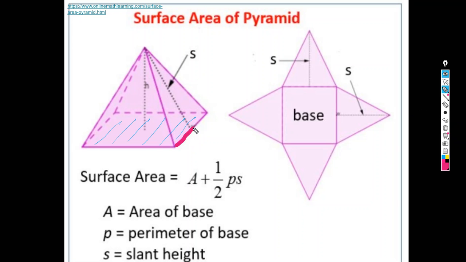So they're saying that we need to then multiply all of those lengths, and then multiply it by this slant. Okay, and then we're going to take 1/2 of that because these are all triangles. Okay, so that is the way they're suggesting that you do it. And absolutely, if you like that way.